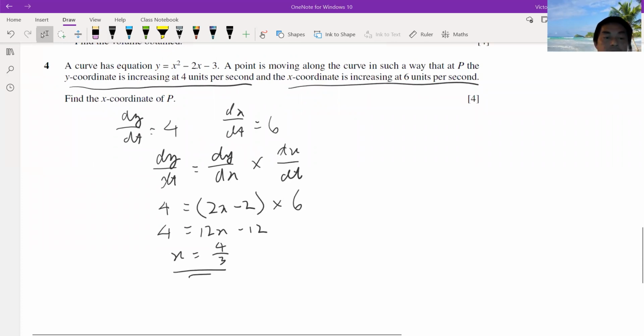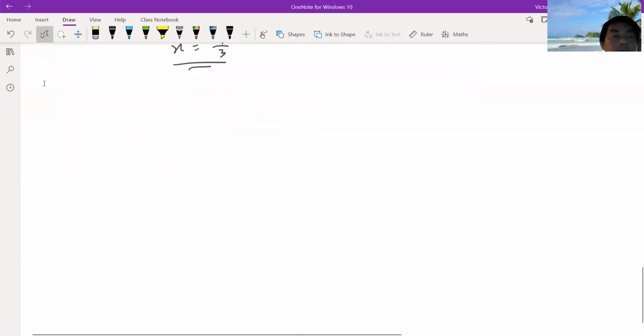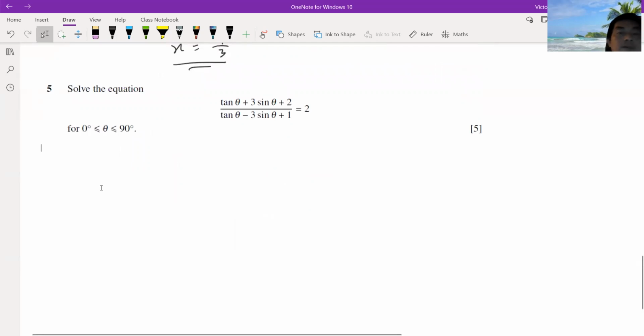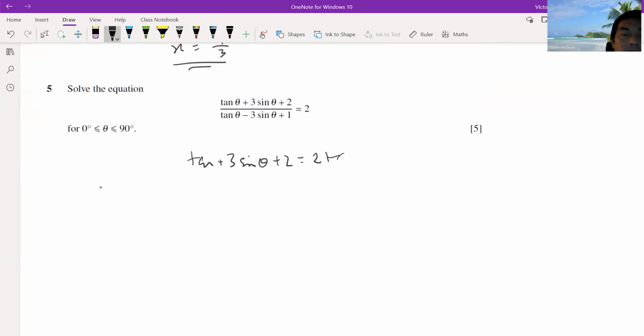Next question. Question 5 is a question on trigonometry. Let's go. Solve this trigonometrical equation by multiplying by tangent theta minus 3 sine theta plus 1, you get this equation.